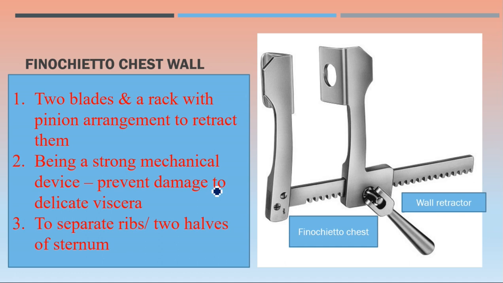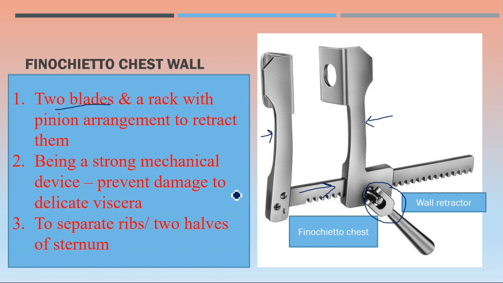Then Finocchio chest wall retractor. There are two blades. Here you can see one blade and two blades. Very stout. And there is a rack and pinion arrangement. This is the pinion and this is the rack, over which these two blades are sliding.